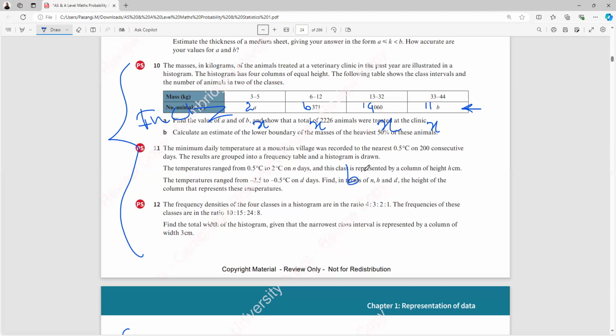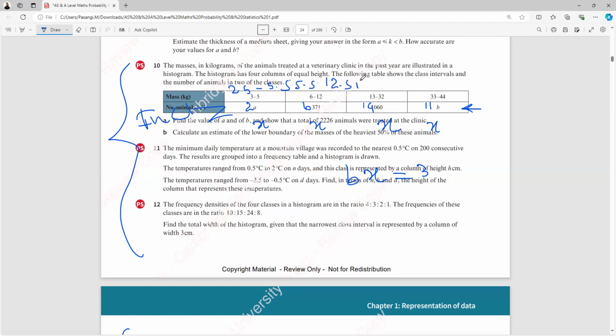So 6x equals... Anyway, what you have to do first is rearrange these classes. That means 2.5 to 5.5. Here we have 5.5 up until 12.5.